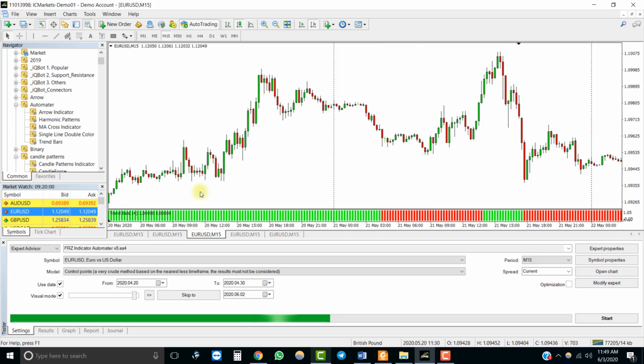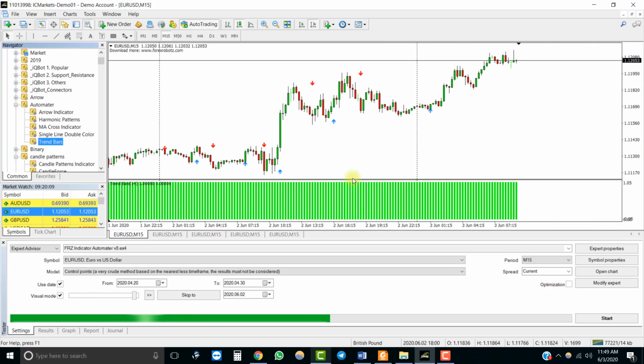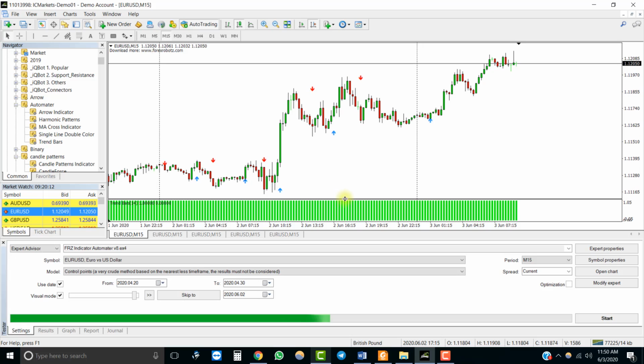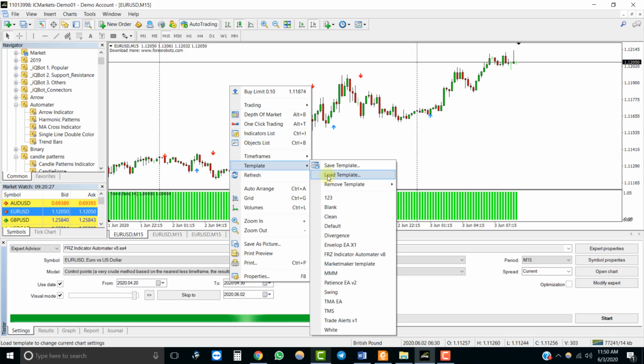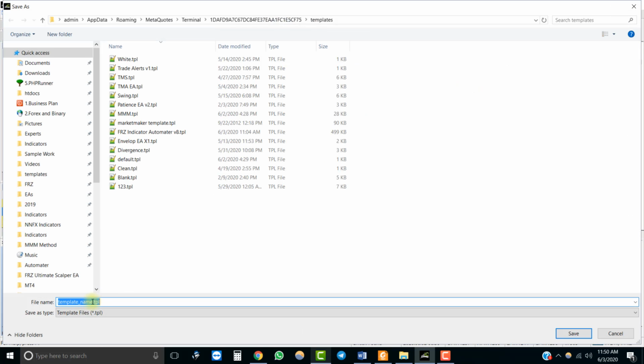A bullish trend is indicated by green bars, a bearish trend is indicated by red bars. What we want to do here is to filter out the arrow signals. So buy arrow signals will only be executed if the second filter indicator shows the green bars and vice versa. Now let's save this as a template.